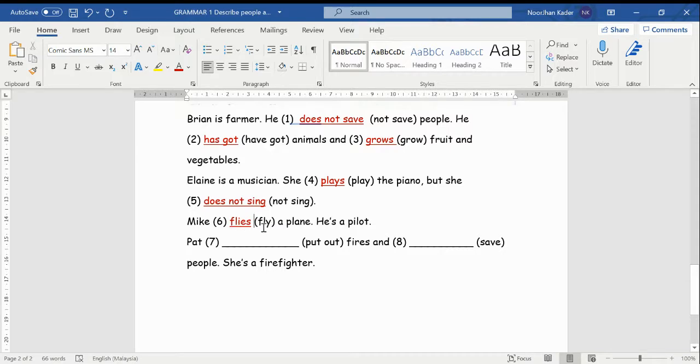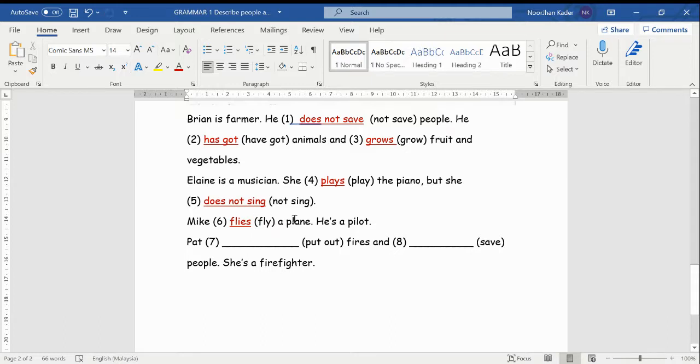When there is a y, the sound system is like this, ly. You have to change it. When you add s, you have to change it to es. You cannot write flys because of the sound ly. You have to change it to flies. So the y you have to change to ies. So this is a sound system. You have to take note of this.